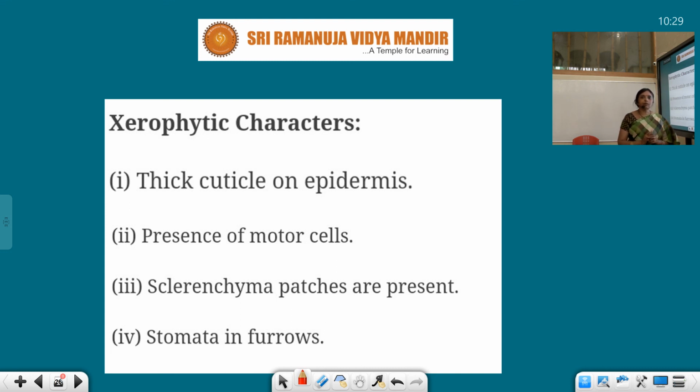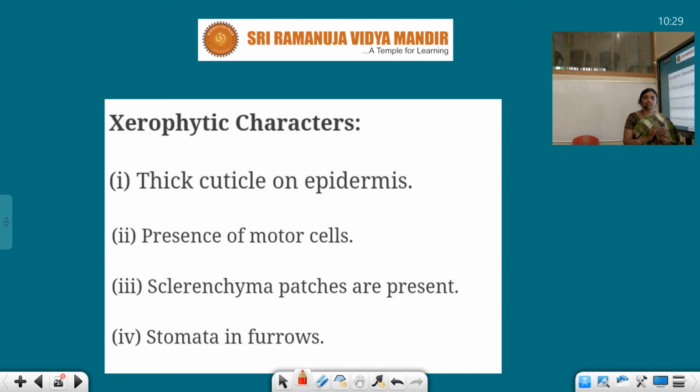The third point is that the mesophyll is not differentiated in the monocot leaf. All the cells in the mesophyll are parenchymatous and look like spongy parenchyma, loosely arranged, whereas in the dicot leaf the mesophyll cells are divided into palisade tissue and spongy tissue.